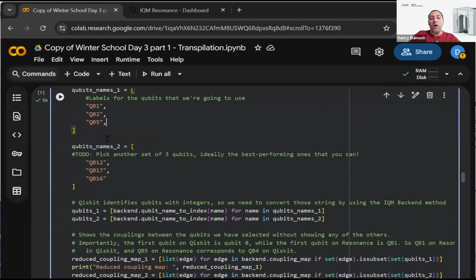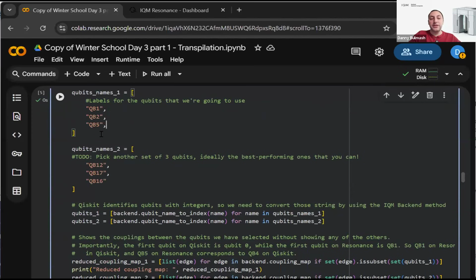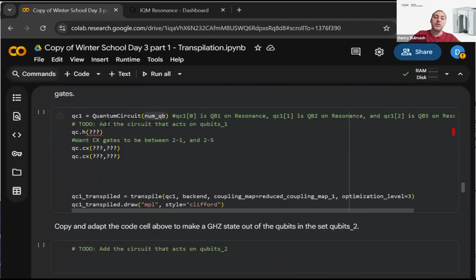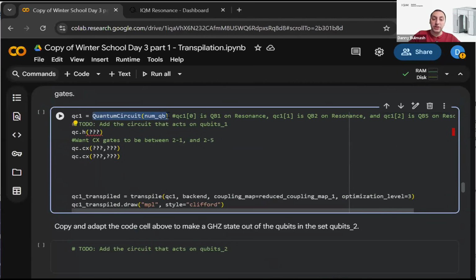Out of all the qubits on resonance, this one is qubit number 4, but for our quantum circuit, where we're only paying attention to the existence of 3 qubits at all, we're just listing them in order, the 3 ones that we chose, 1, 2, and 5.